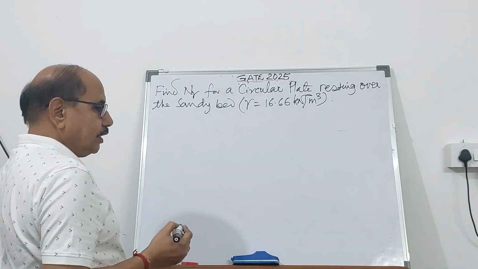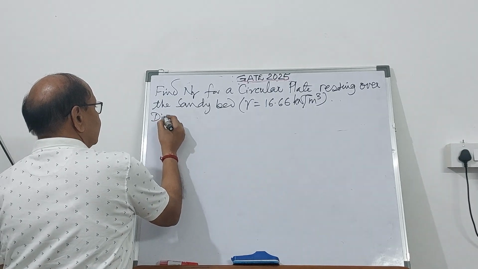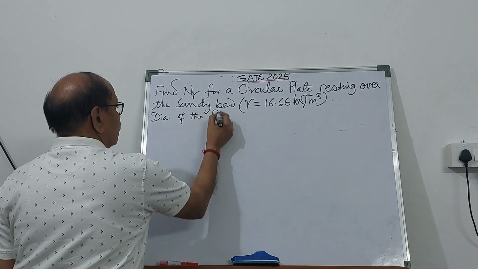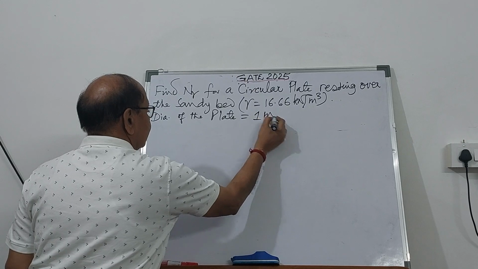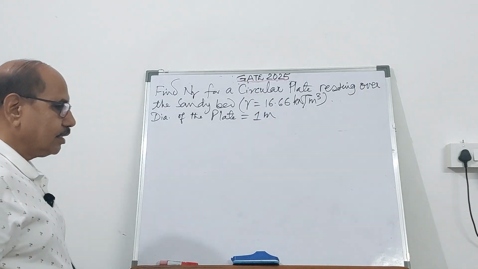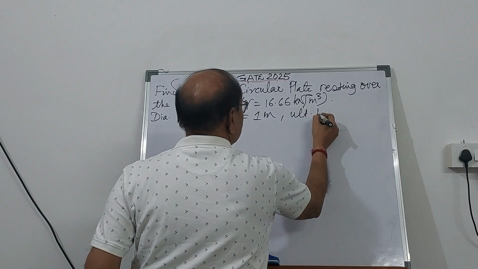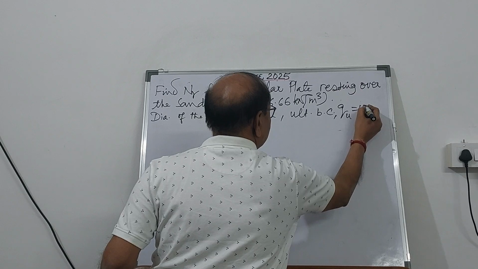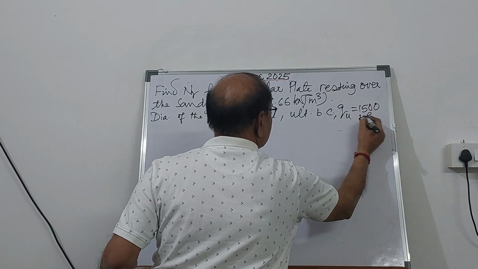And the diameter of the circular plate is given as 1 meter, and the ultimate bearing capacity is given as so much kilopascal.